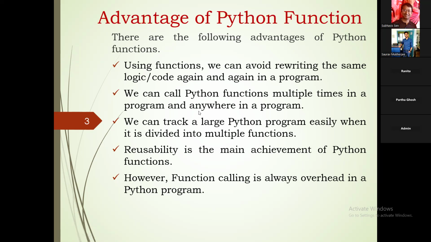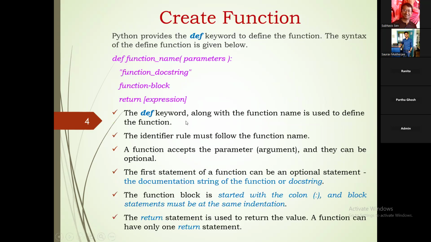And we can track a large Python program easily when it is divided into multiple functions. Reusability is the main achievement of the Python function. So these are the basic advantages of Python function.